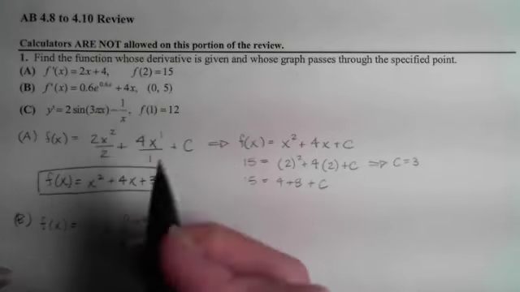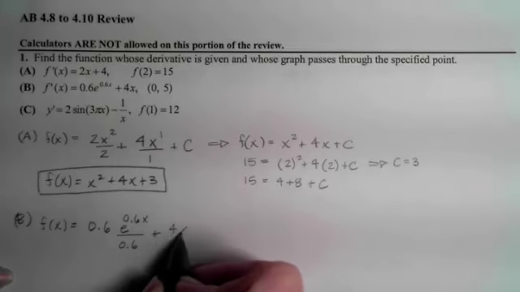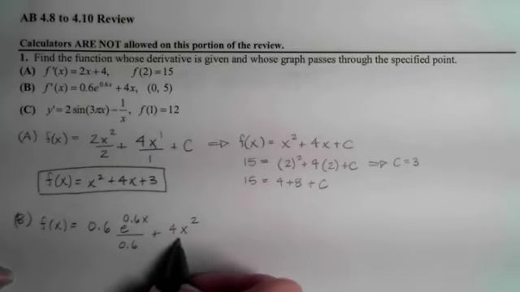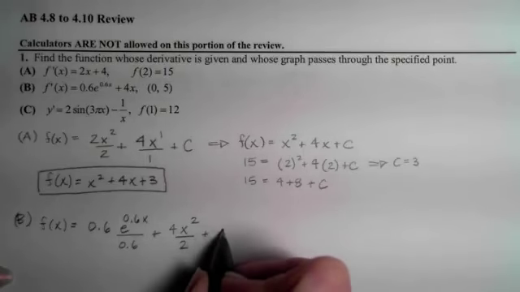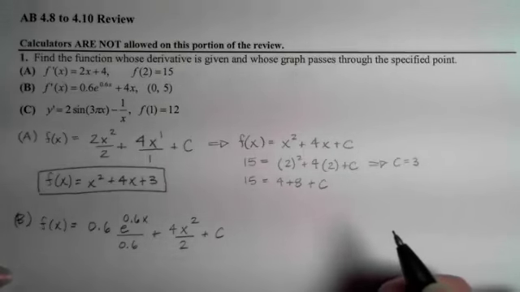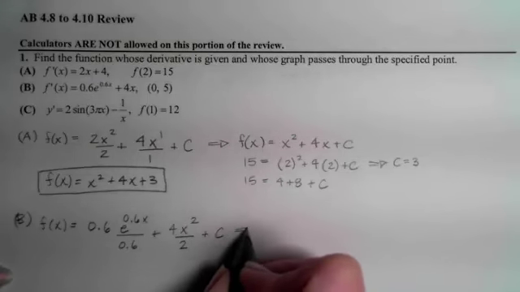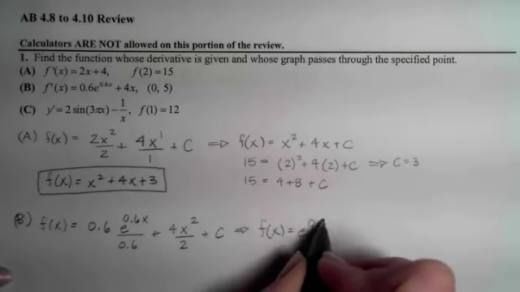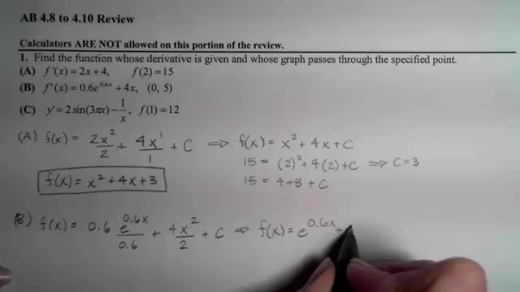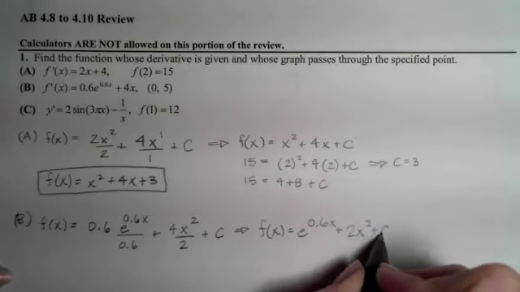This one is a power rule backwards, so I'll move through the constant, add 1 to the power, and divide by the new power. And again, I'll need to add a constant at the end so that I represent the entire family of antiderivatives. Simplifying this, I get f of x equals e to the 0.6x plus a 2x squared plus a c.